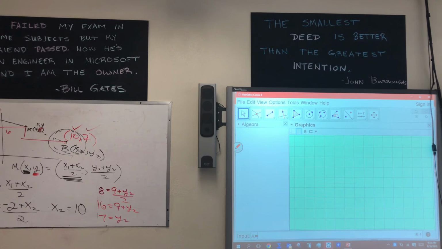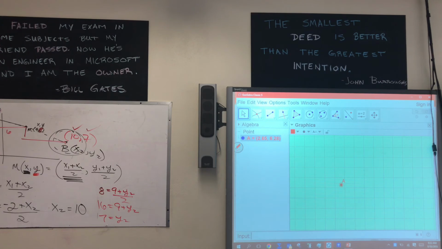All right, so if I have A located at, let's just go square root 7, and let's say that the y value is at 2 pi. So I'm going to write here that this was root 7 comma 2 pi.